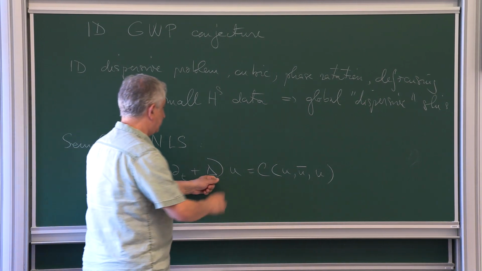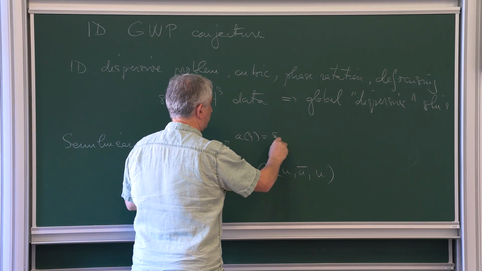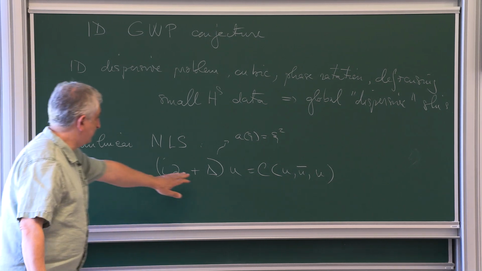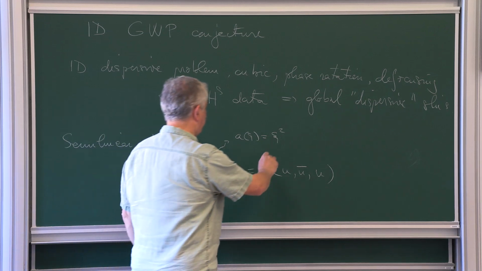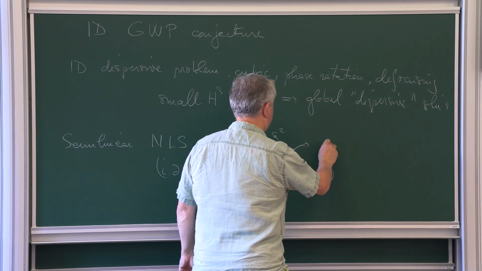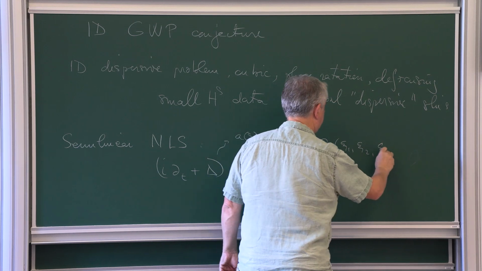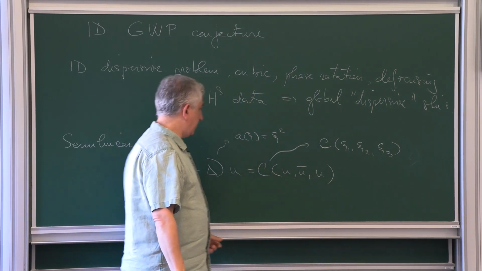The dispersion relation in here is a of xi equal to xi squared, so it's convex. It doesn't matter if we put a minus sign in here, of course. And then this trilinear form, C, is described by a symbol, C of xi1, xi2, and xi3. Xi1, xi2, and xi3 represent the frequencies of the three inputs.